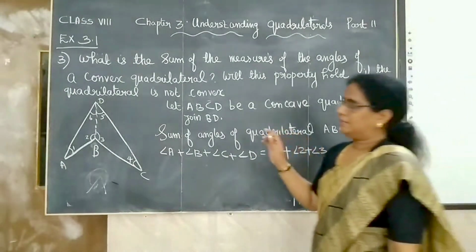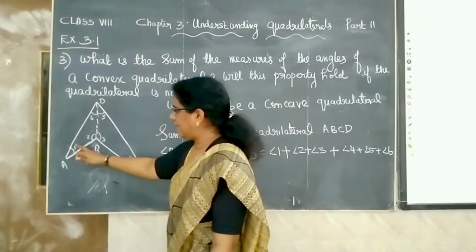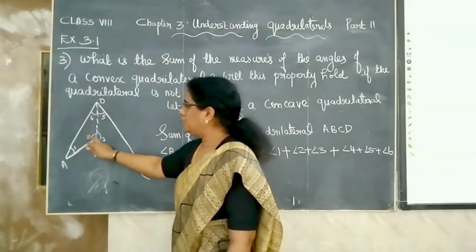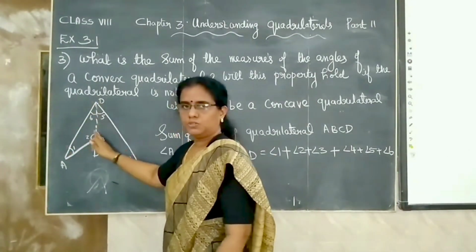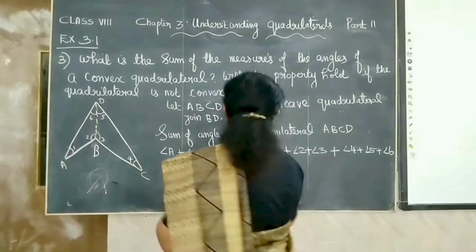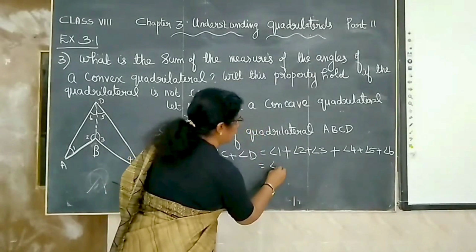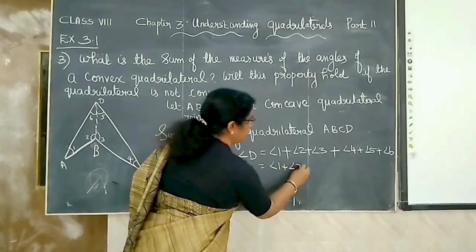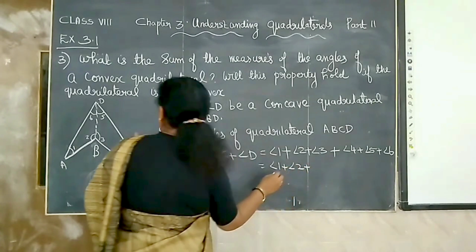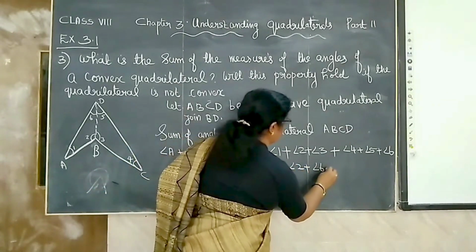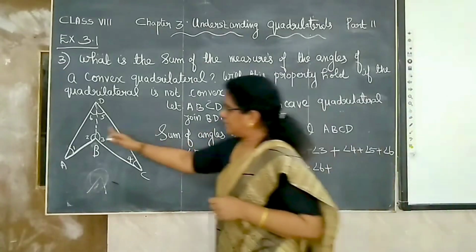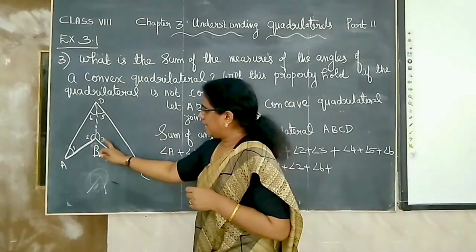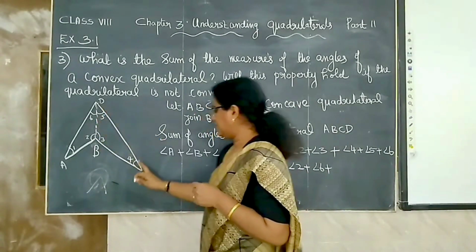Now, angle 1, angle 2, angle 6 are the angles of the first triangle. So we will write it together: angle 1 plus angle 2 plus angle 6 plus, for the second triangle, angle 3 plus angle 5 plus angle 4.